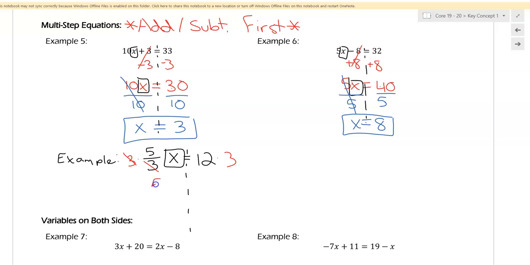So then I'm left with 5x equals, this was not a good problem. That's okay. Not a good number. 36. Now my x is here. It's still being multiplied by that 5.